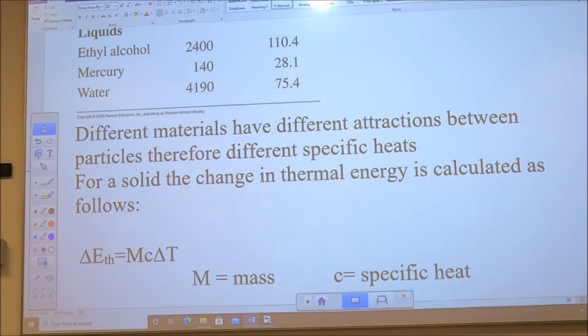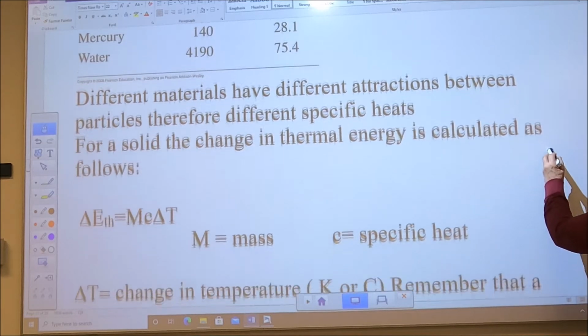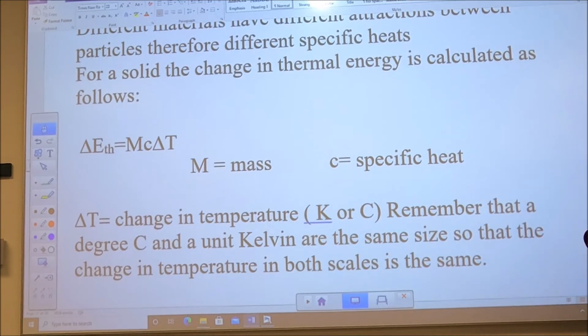For a solid, the change in thermal energy is calculated as delta E thermal equals the mass times the specific heat times the change in temperature. Now this is a plug and chug type problem. We're going to do one in just a sec. Okay?